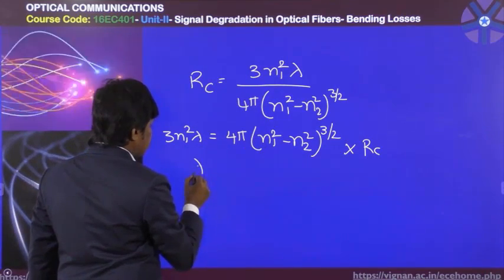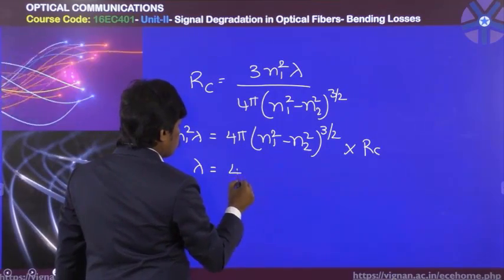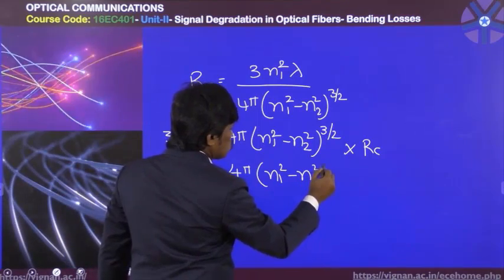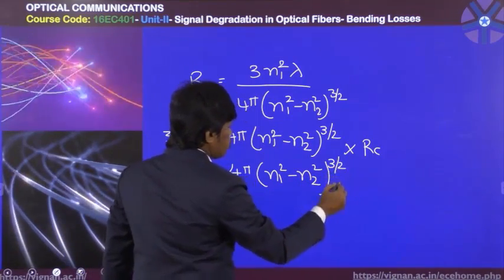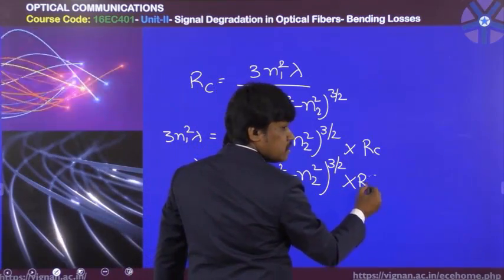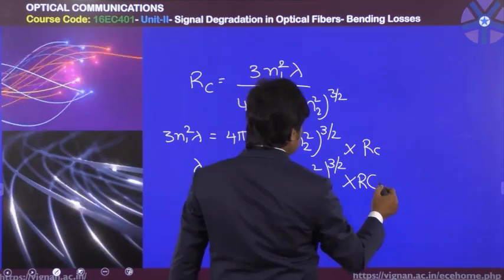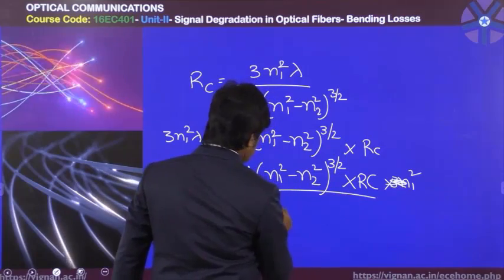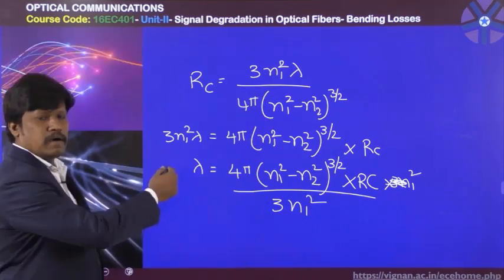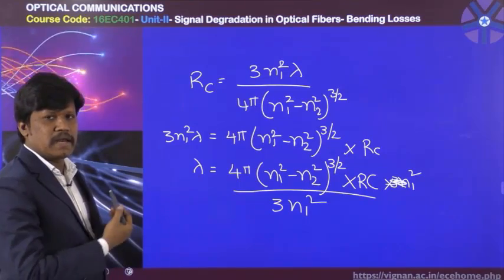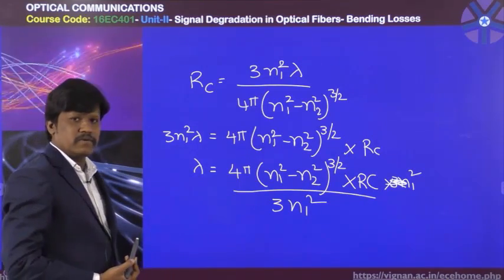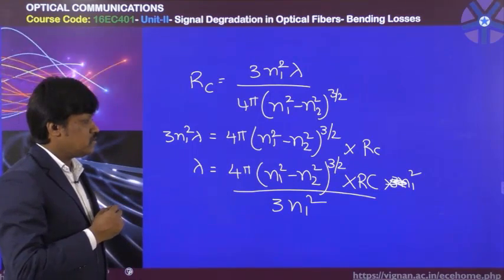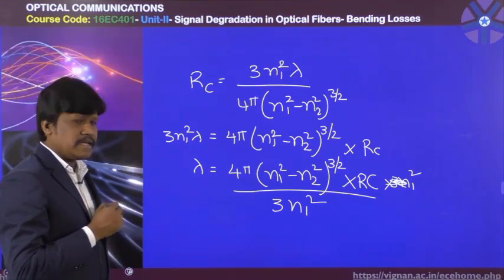So lambda is equal to 4 pi (n1 square minus n2 square) whole power 3 by 2 into RC by 3 n1 square.